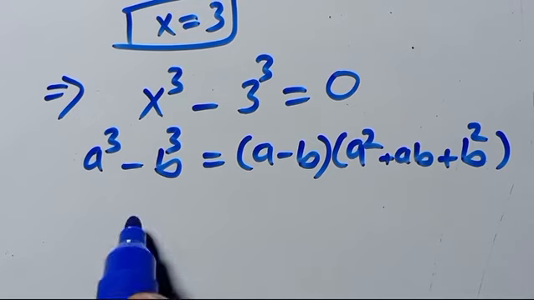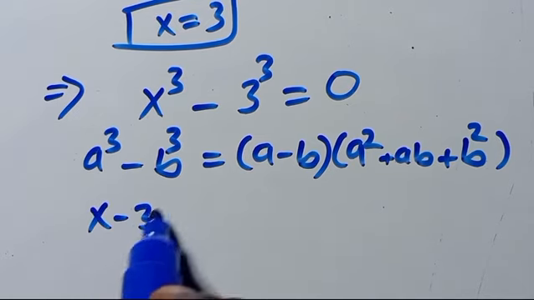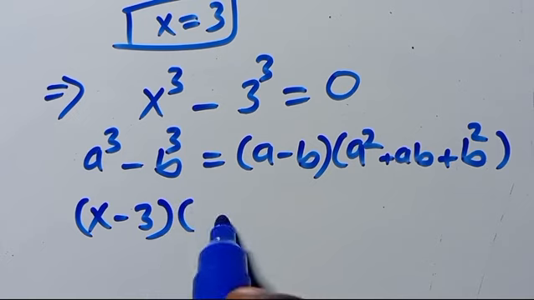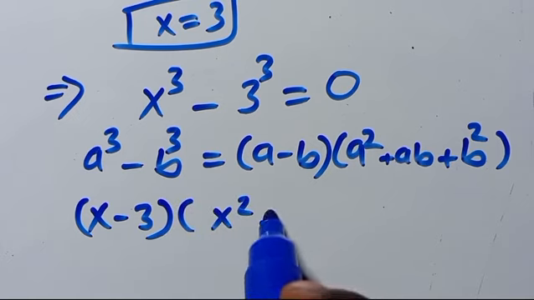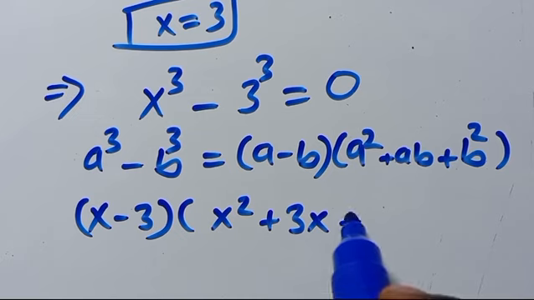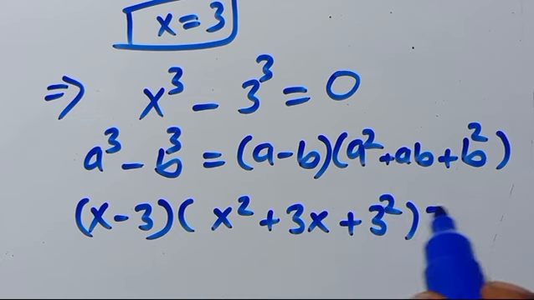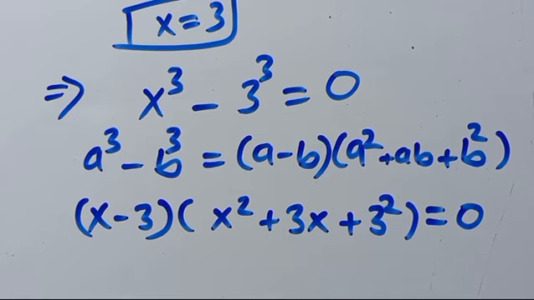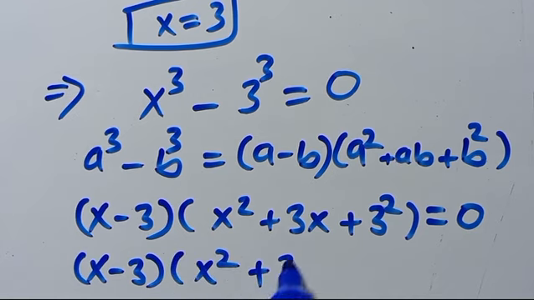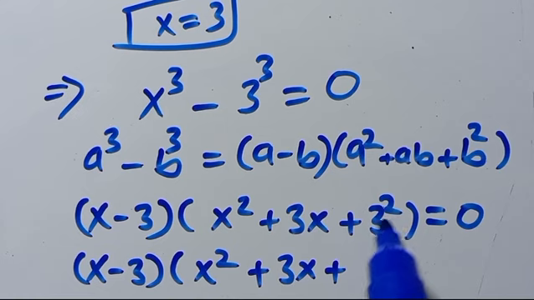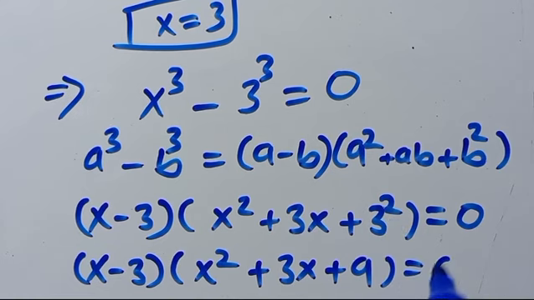Applying it here, we have x minus 3 times x squared plus 3x plus 3 squared, close it, equals 0. Then we have x minus 3 in parentheses times x squared plus 3x plus 9, close it, equals 0.